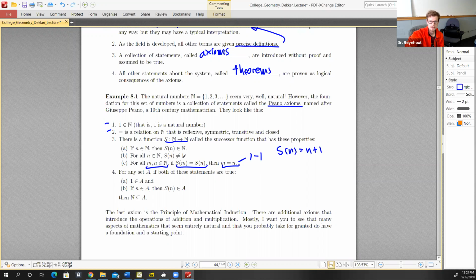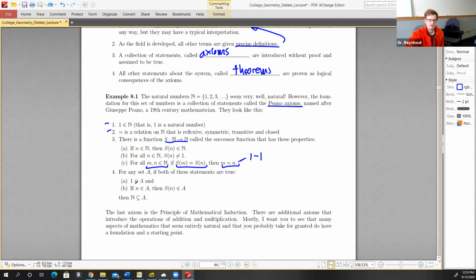None of them are equal to 1, and this is a 1-to-1 function. Another example would be 2n. So that's interesting. There is a function that looks like this. These are things that we're familiar with because we know what the natural numbers are. But without knowing already what they are, it seems a little bit less obvious that these things could be considered S.